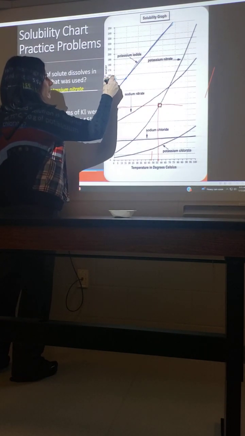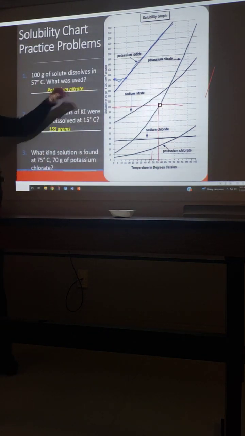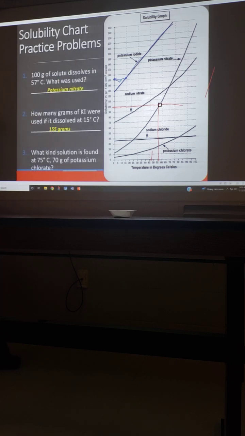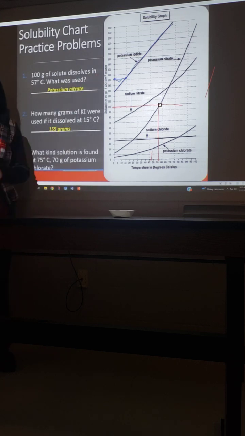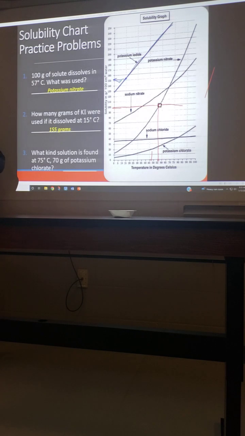Then I want to know how many grams, so I go over to my y-axis, my dependent variable, and it looks like it's above 150, not halfway. So probably maybe 155-ish. Maybe that's a little low, but you'd have to be between 150 and 160 at least.